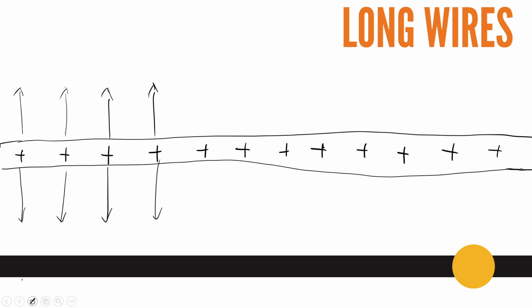Ibig sabihin, guys, if I want to find the electric field at this point, kung sabihin natin yung layo niya is R from my long wire, yung electric field ko at that point, electric field ko at this point will be equal.